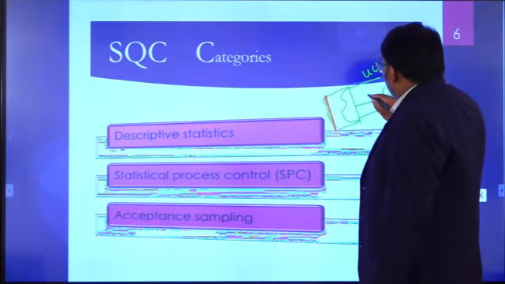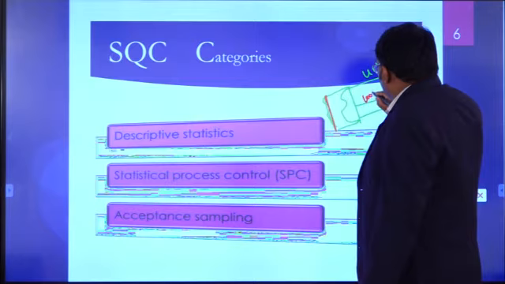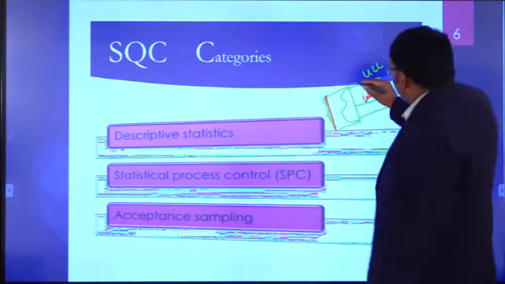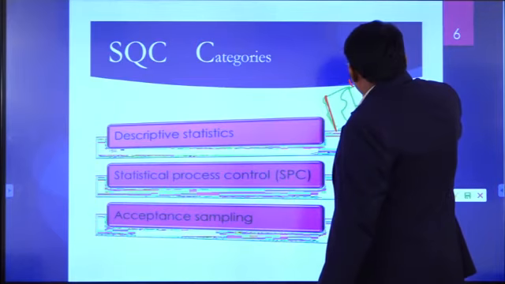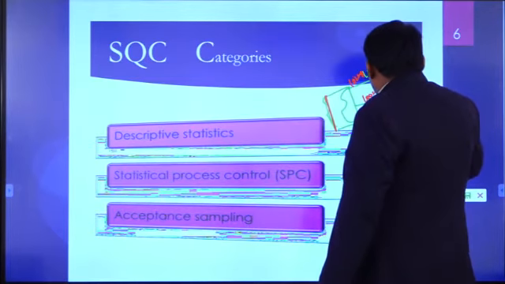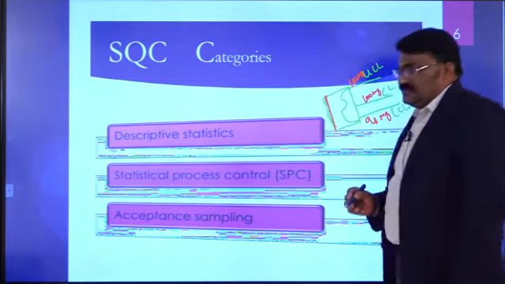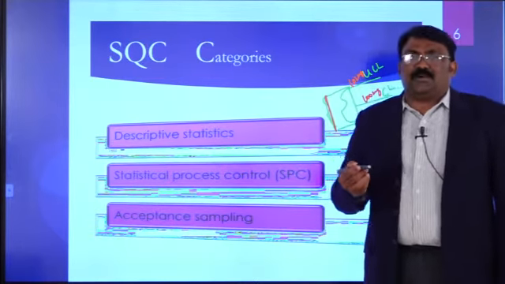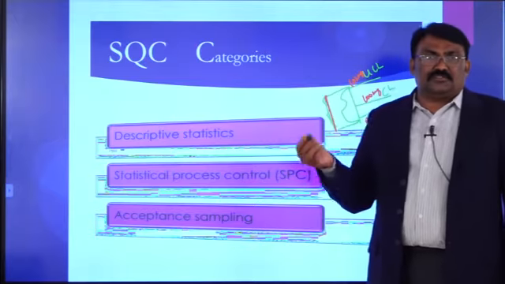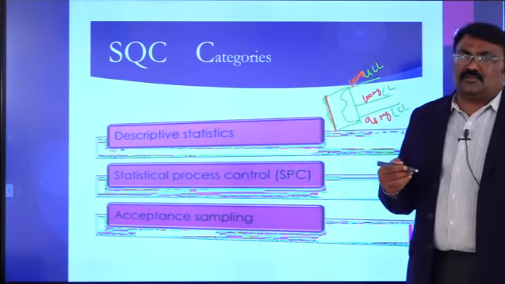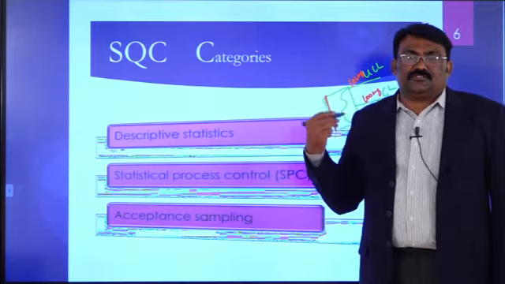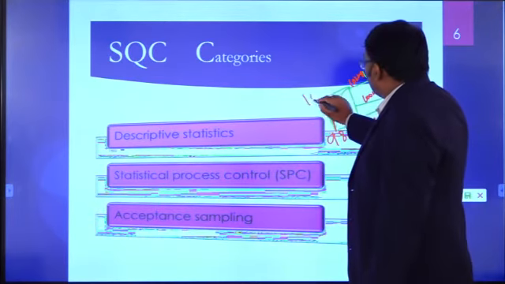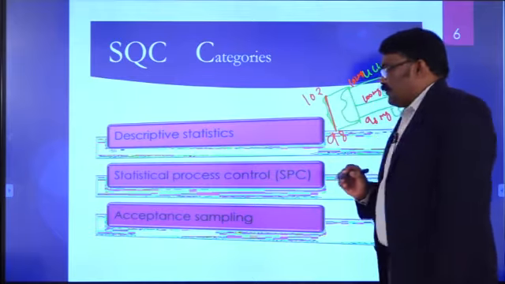Suppose I take a 100 milligram tablet, and the deviation accepted is 102 milligrams and 98 milligrams. That means, if I have defined the central limit as 100, the upper control limit will be 100 plus 2, that is 102, and the lower control limit will be 100 minus 2, which is 98. So, anything between 98 and 102, I accept the product.